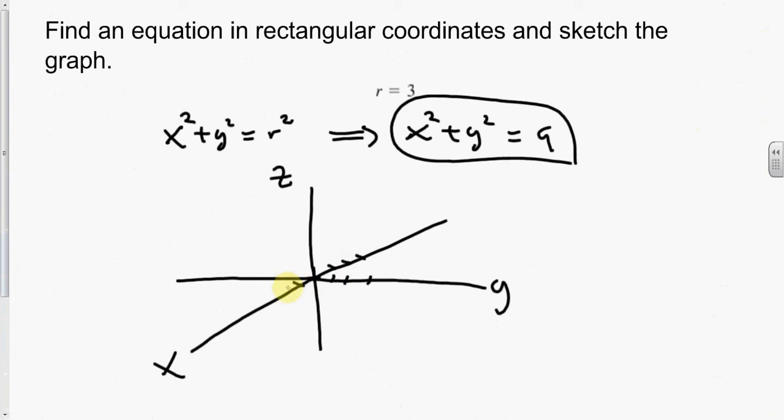I told you I get in trouble when I do these slash marks. Oh, thank you. So you get this radius of 3. Since it's a cylinder, we're missing z, so it has rulings parallel to the z-axis.